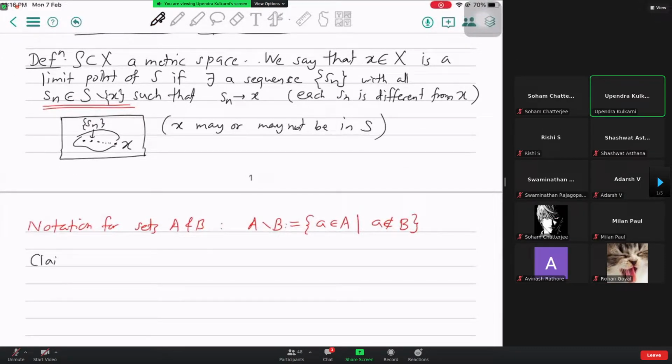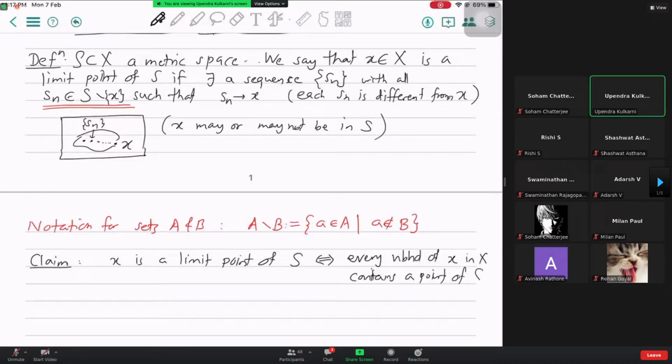So, claim. X is a limit point of S if and only if every neighborhood of X in capital X contains a point of S other than X. All right.